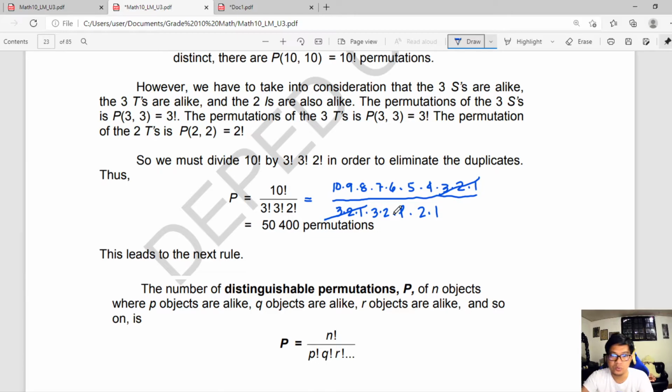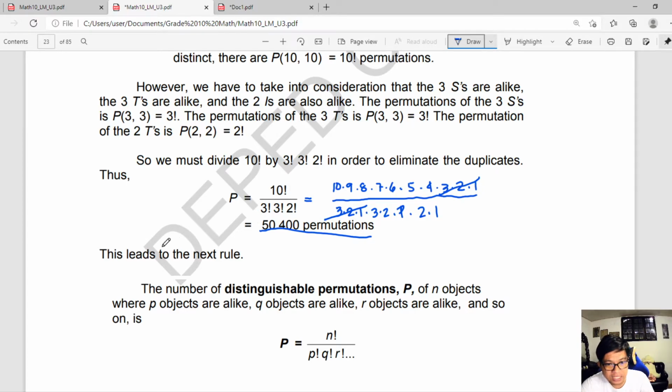So, we're going to simplify that one as 10 times 9 times 8 times 7 times 6 times 5 times 4 divided by 3 times 2 is 6 times 1, 6 times 2 again is 12, divided by 12. So 50,400 permutations. This is the answer. So naalis na yung mga duplicates.